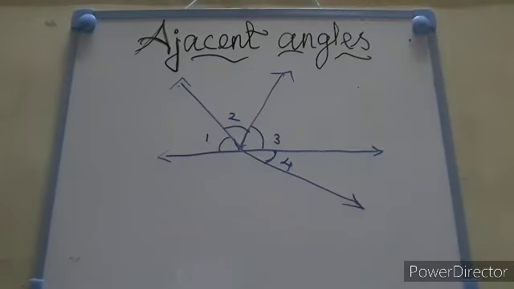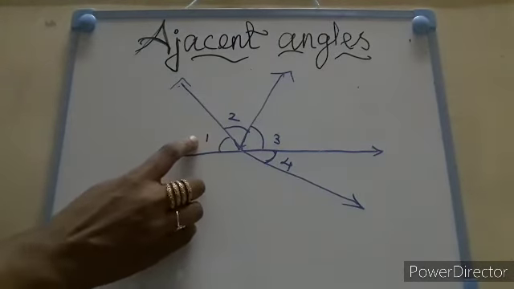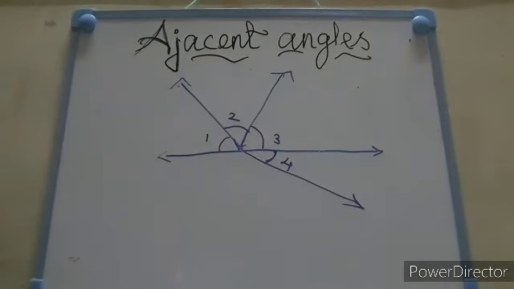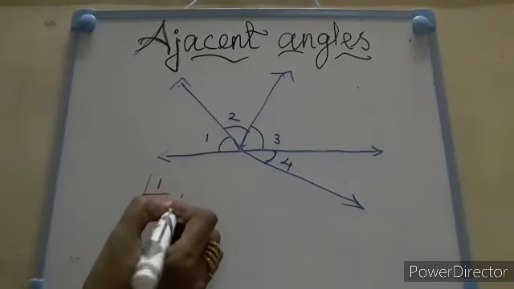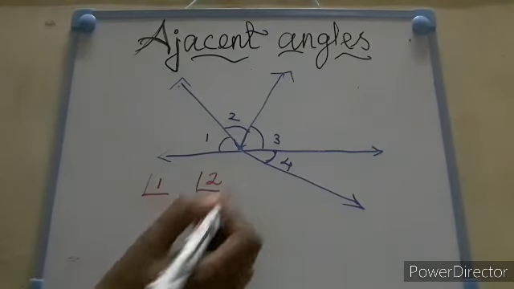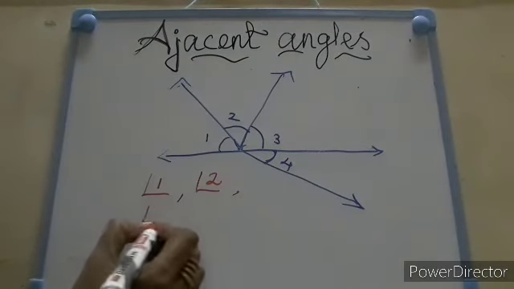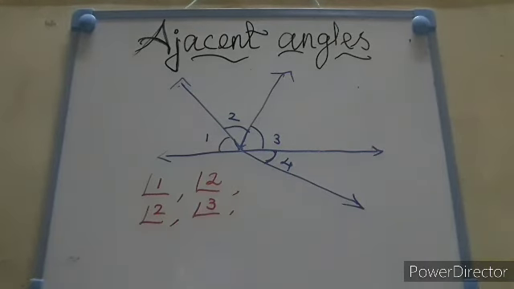Understood? Look at the picture, children. Here this is angle 1, angle 2, angle 3, angle 4. Now you tell me, what are the adjacent angles? Yes, angle 1 and angle 2 are adjacent angles. Then angle 2 and angle 3 are adjacent angles.